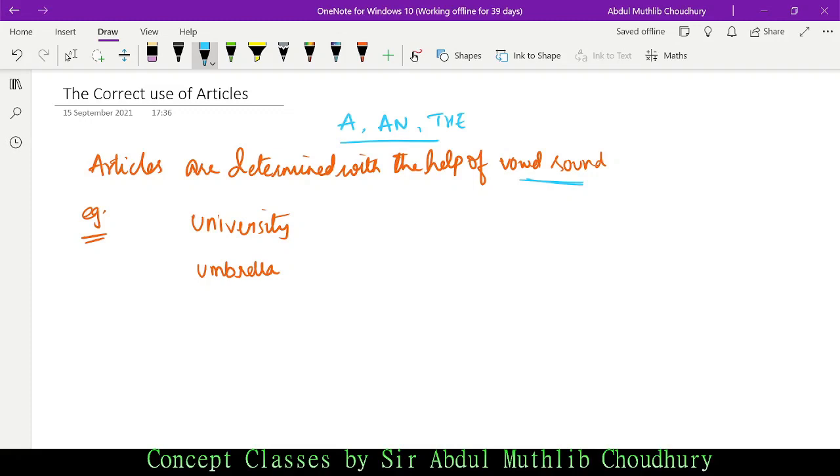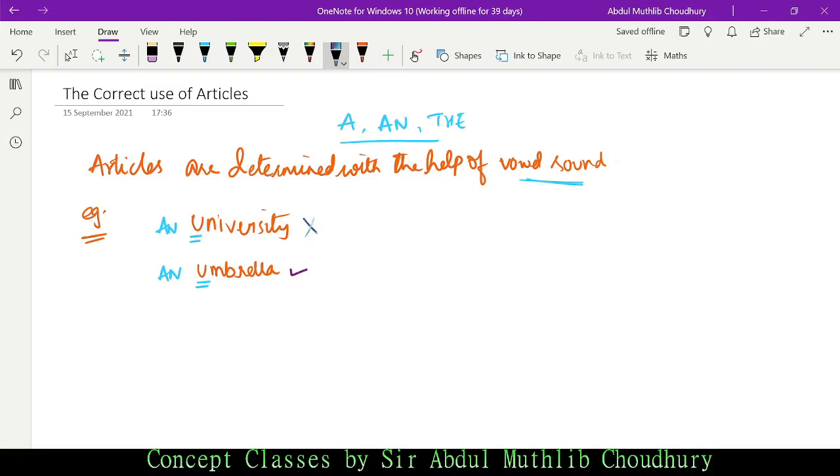See, even this has U, and even in this word we have U. But should we use an university, an umbrella? Which one is correct? If you have guessed it right, then it's excellent. This is correct and this is wrong. How?